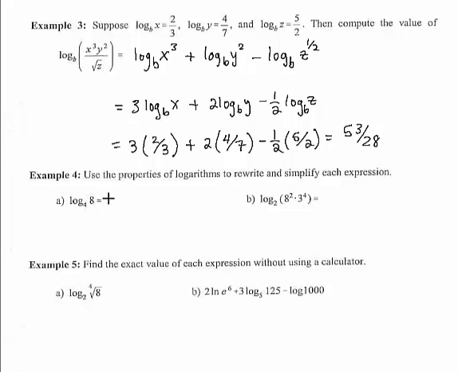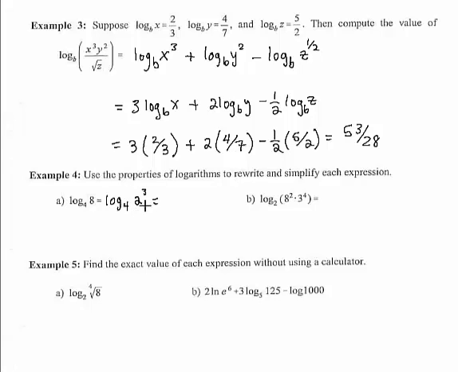Well, I could rewrite 8 as 2 to the 3rd power. We could have rewritten 8 as 2 times 4, or as 2 times 2 times 2, which is really the same thing as 2 to the 3rd.